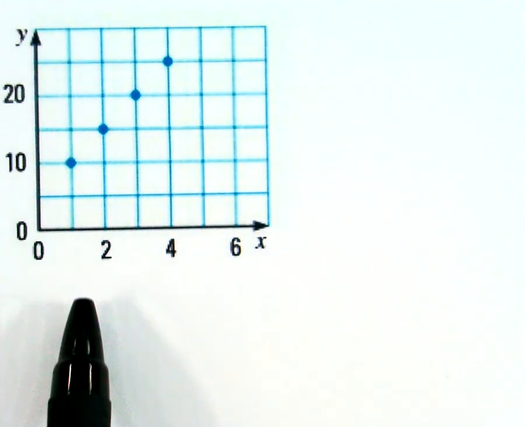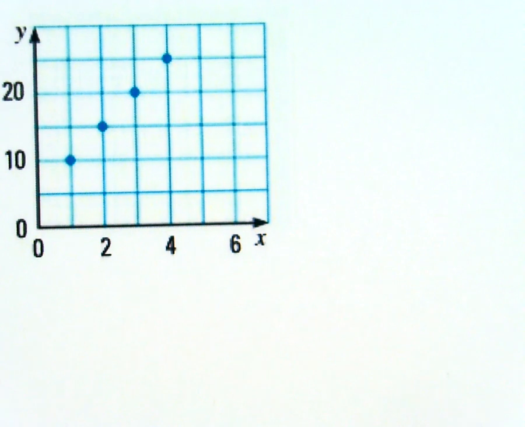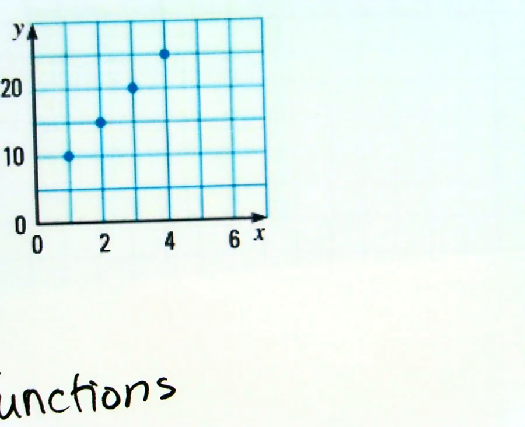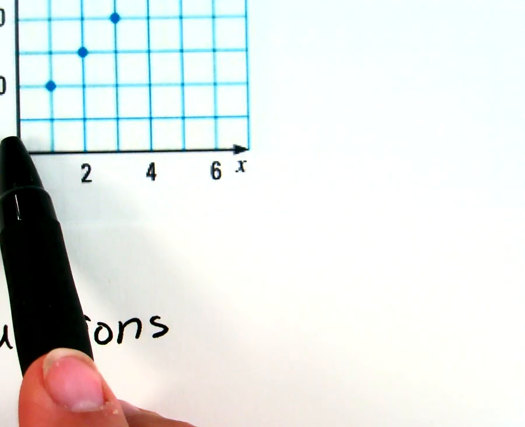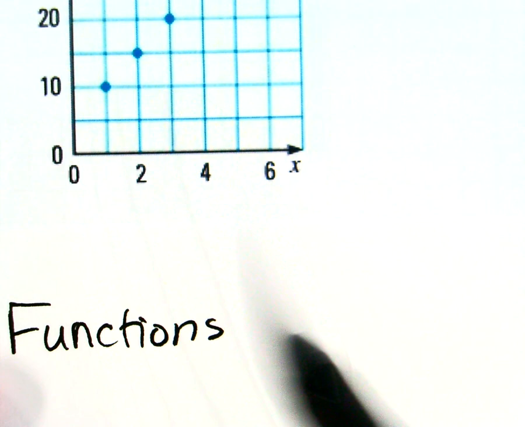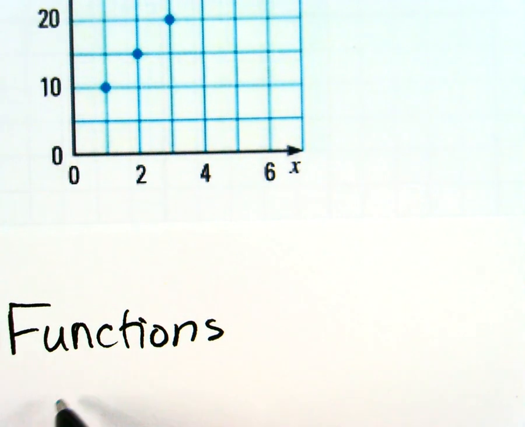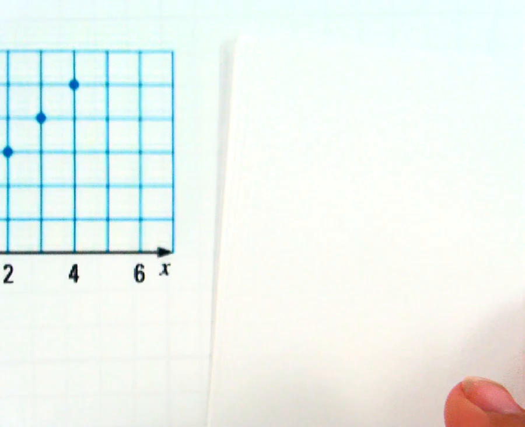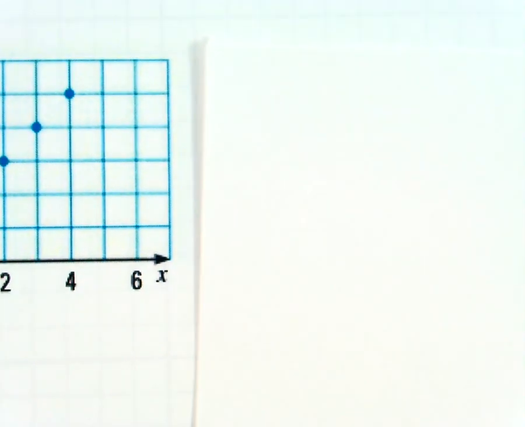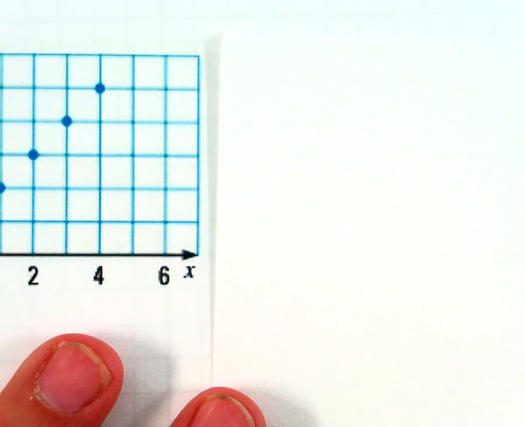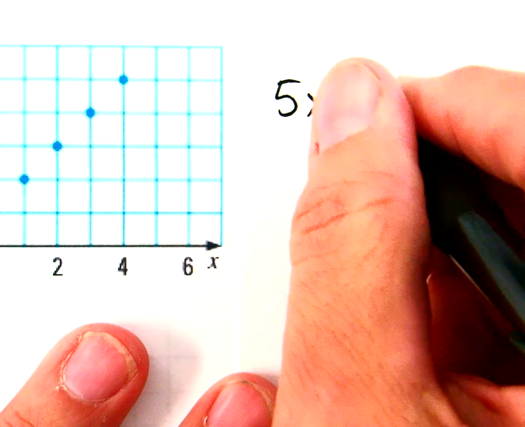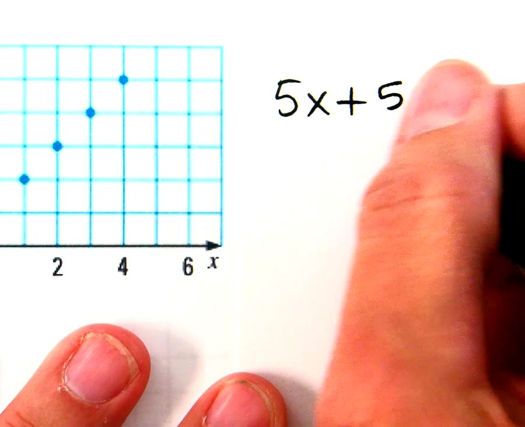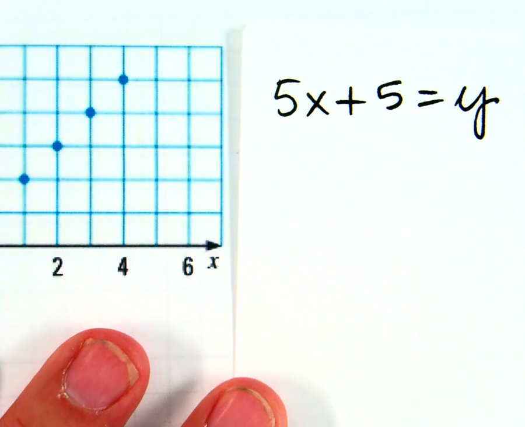So the equation for this would be 5x plus 5. You can see that the intercept would be right there. So this particular one would be y equals 5x plus 5.